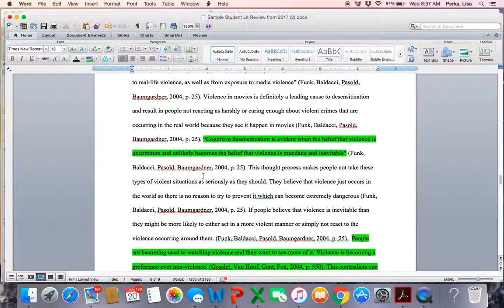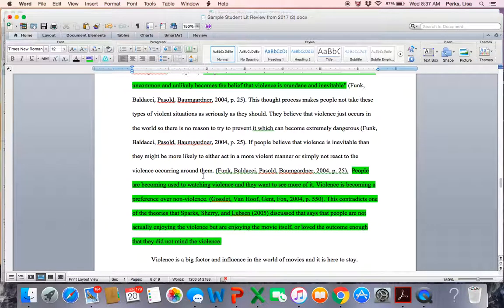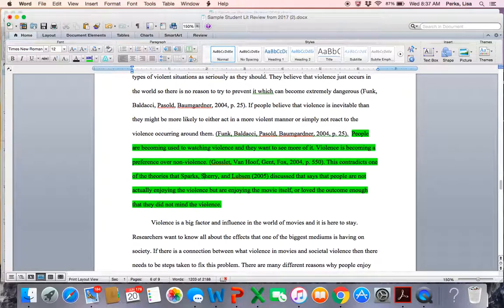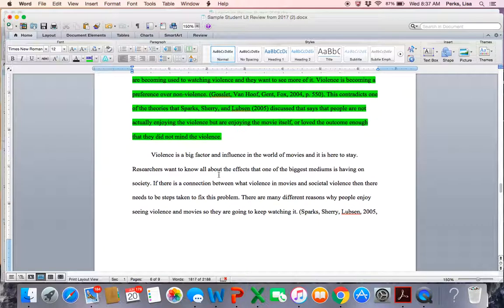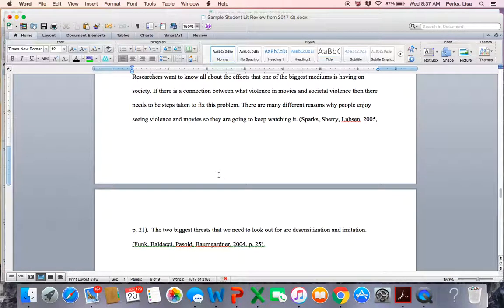So we know what it is because Bob has defined it, but how are studies really assessing that? And I think that's an important piece that he brings in. I like that he also put this finding in dialogue with previous findings he's discussed from Sparks et al., right? So you want to be weaving those ideas together to present a full picture of your topic, right?